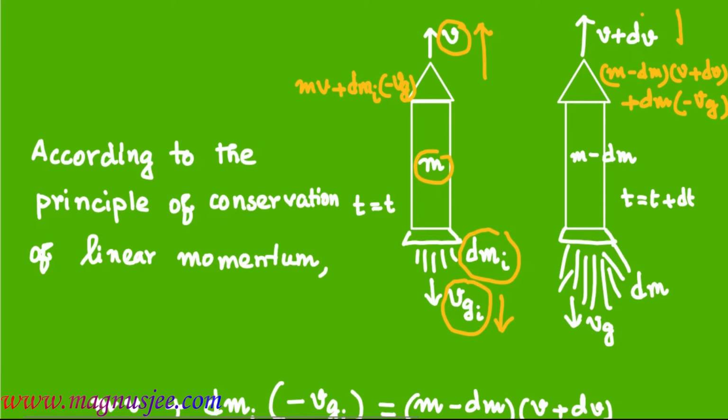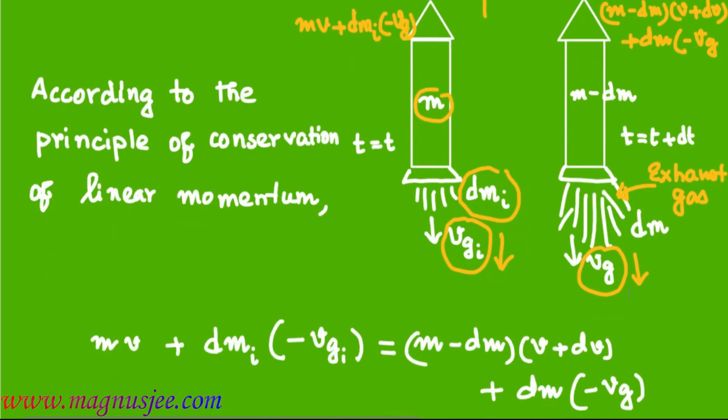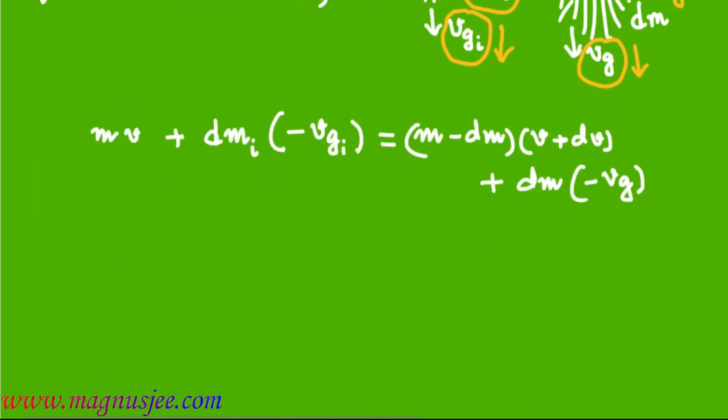In this case, v plus dv is the final velocity of the rocket, which is in the upward direction, and these exhaust gases are released in the vertically downward direction with velocity vg. That's why vg is negative with respect to v plus dv.